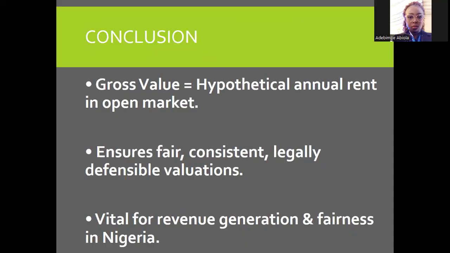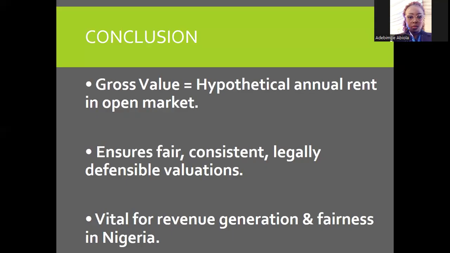So now we have already established, in conclusion, that gross value is a bedrock, a cornerstone, a foundational concept in property rating, because it reflects the hypothetical annual rent a property can fetch in an open market without deductions.